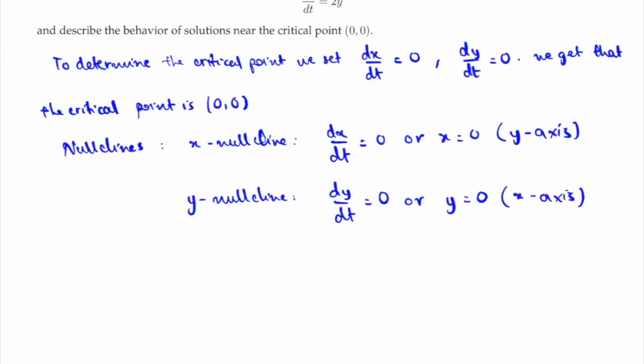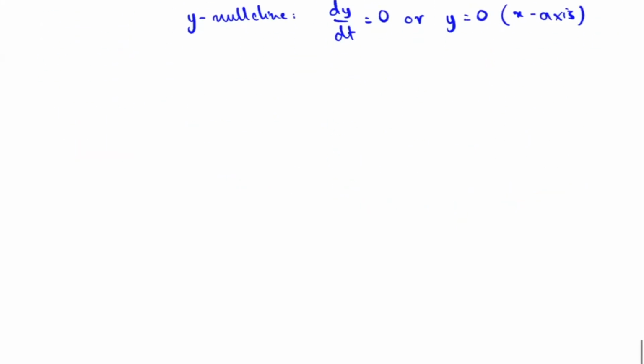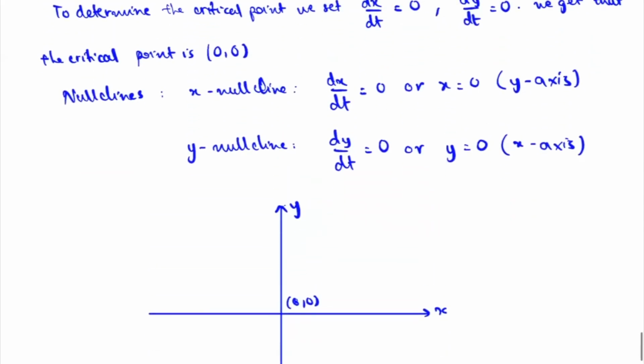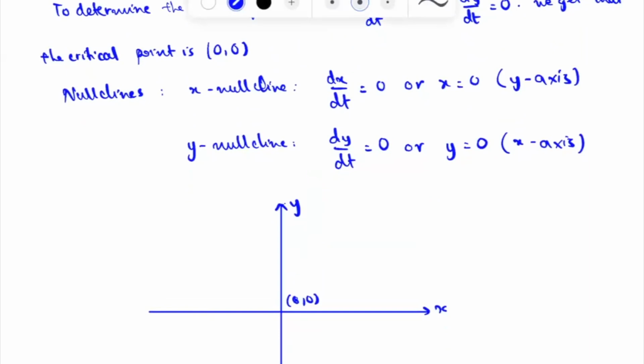So you have the critical numbers, you have critical points, and you have the nullclines. So you plot the phase portrait. So this is y, this is x, this is the origin, and also the critical point. So for the x nullcline, let me note it here.